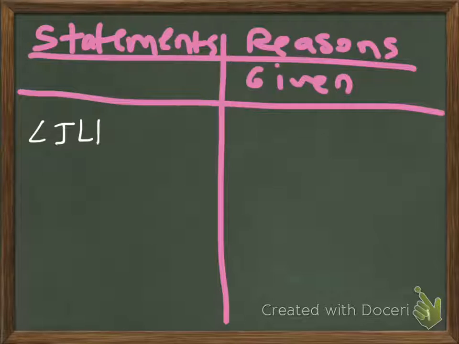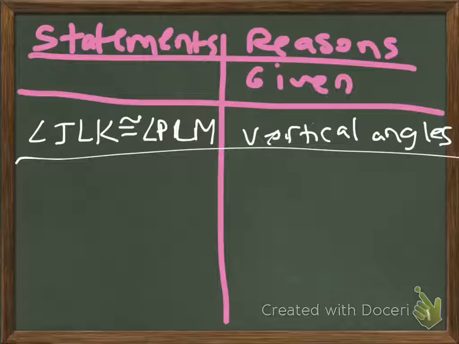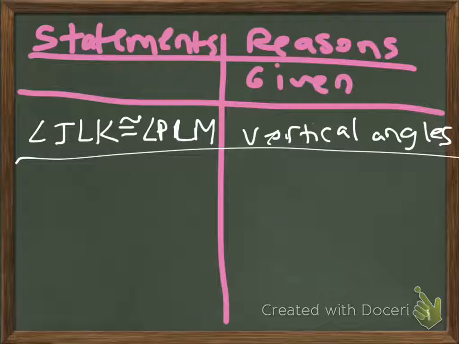Angle JLK is congruent to angle PLM because they're vertical angles. And this is in previous lessons that we've learned that vertical angles are congruent. Then, like I actually said from the given, LK is going to be congruent to LM, which I labeled, and that's because of the definition of a segment bisector. It splits it into 2 equal parts. So we'll list that.